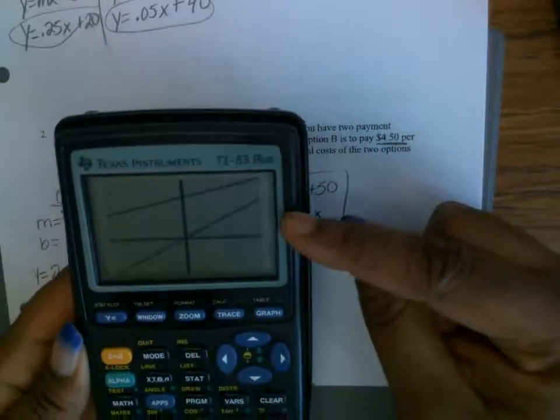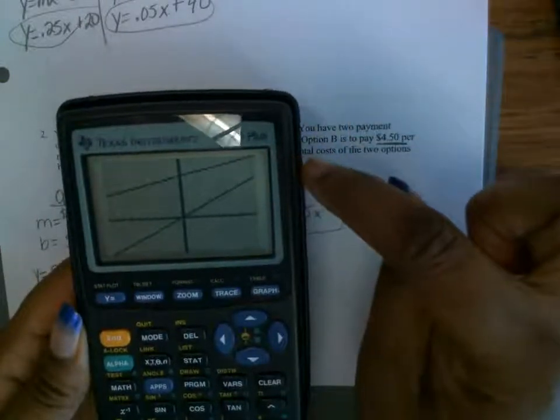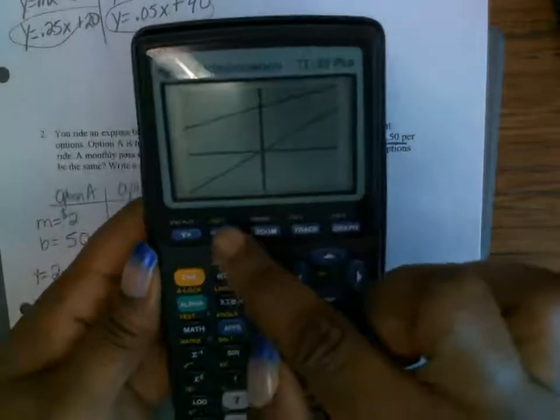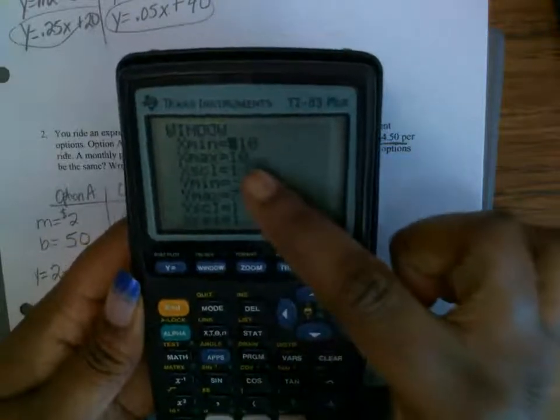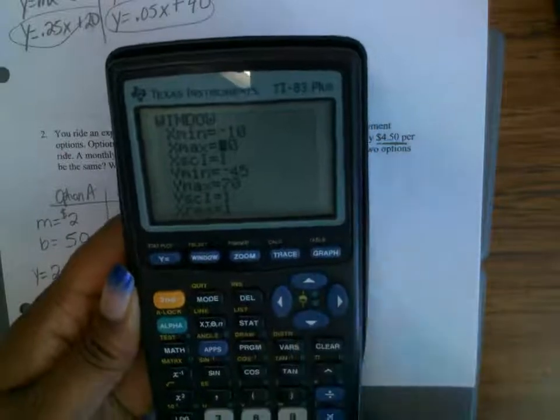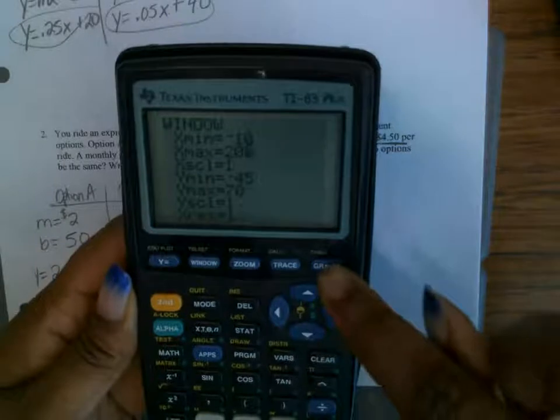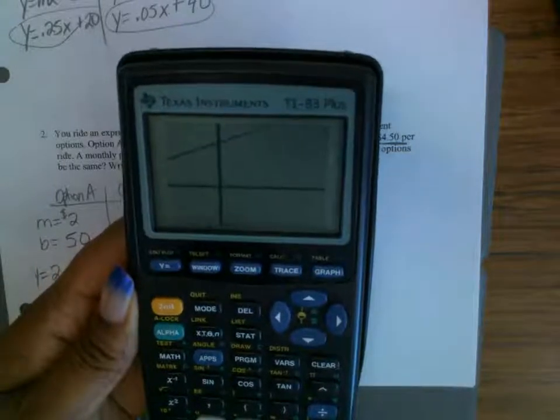Notice how I need more space on the X because it hasn't crossed yet. So I'm going to go back to my window, and the highest X value they gave me was 10. I'm going to go over to 20, graph, and see what that does.